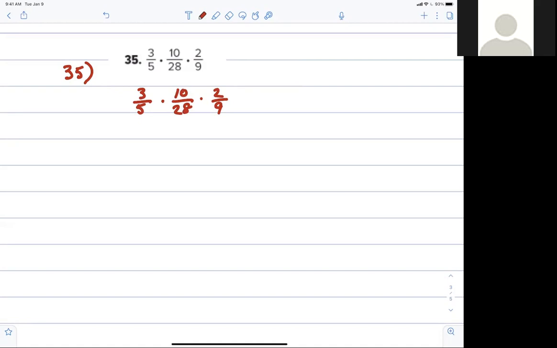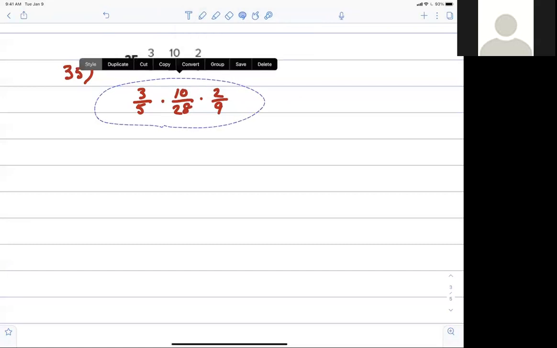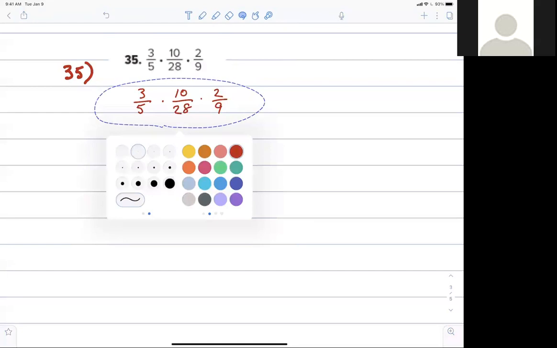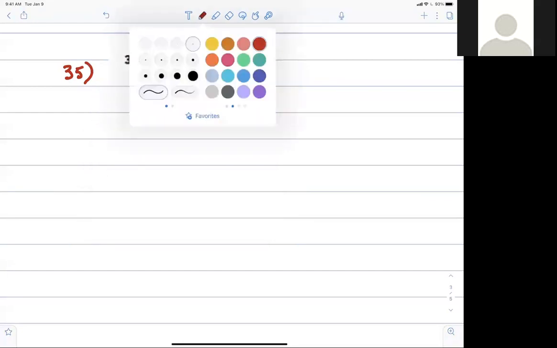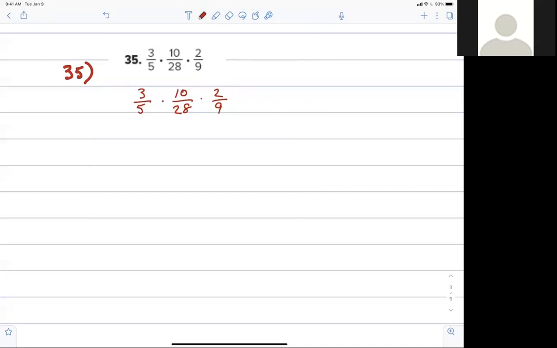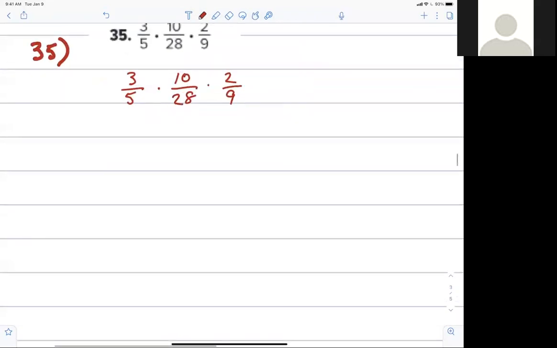Now what we're going to do is practice what we did yesterday, showing me how to do the multiplication. All right, so now let's hear it from Maggie. Tell me what to do first, kiddo. 3 goes into 9.